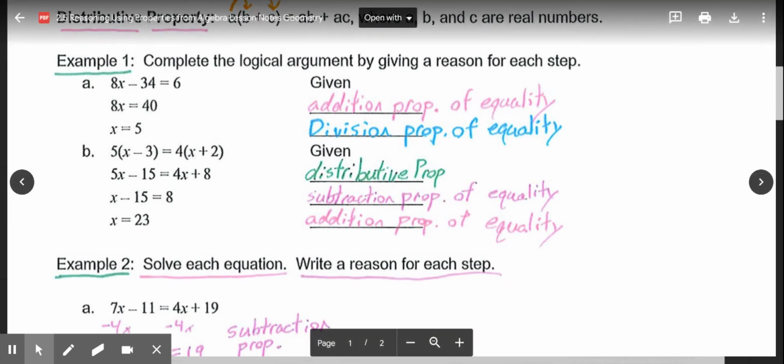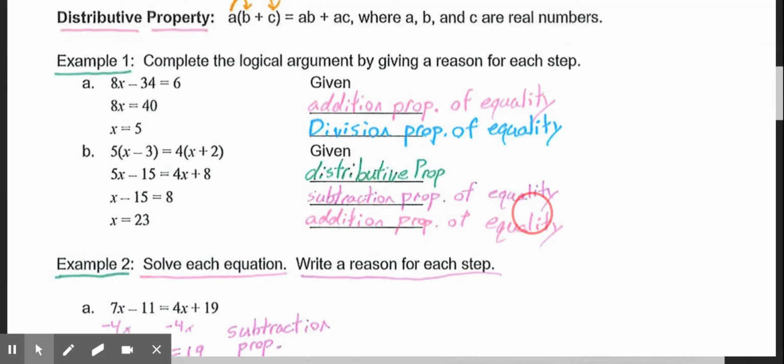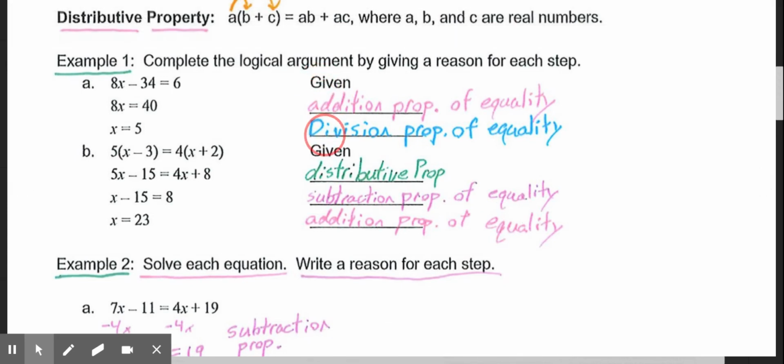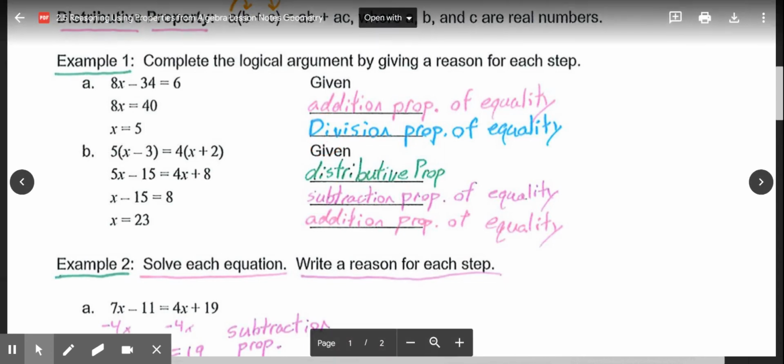And then in the final step, to undo the subtracting 15, they add 15 to each side, giving them x equals 23. And the reason they were able to do that was the addition property of equality. So by being able to write out reasoning for each step, you are providing a logical argument for why that mathematics works.